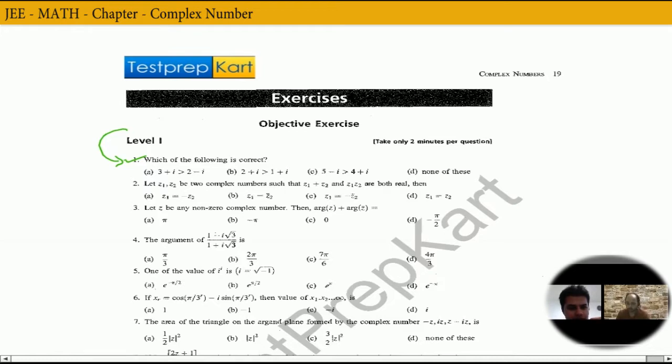We have to answer questions in a time-bounded manner, within 2 minutes. Which of the following is correct? There are 4 options: 3 plus i greater than 2 minus i, 2 plus i greater than 1 plus i, 5 minus i greater than 4 plus i. D would be none of these.